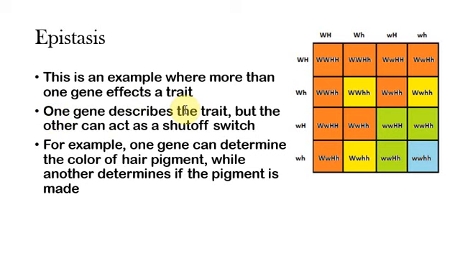So if we have hair color, the one gene will be the gene that describes whether you have brown hair, black hair, or blonde hair. But there will be a separate gene, maybe, that can act as a complete shutoff switch. So if you're homozygous recessive for the other gene, or it doesn't have to be recessive, but often it is, then you will be completely lacking in the first gene.